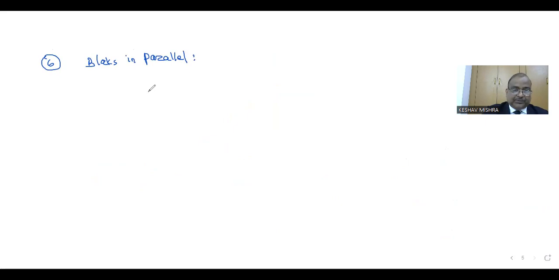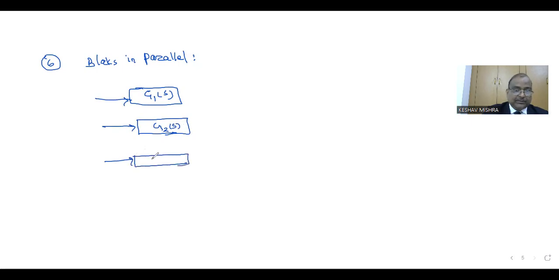Suppose we have one block with transfer function G1s, a second block with transfer function G2s, and a next block with transfer function G3s, and outputs from all three blocks are combined at a summing point.